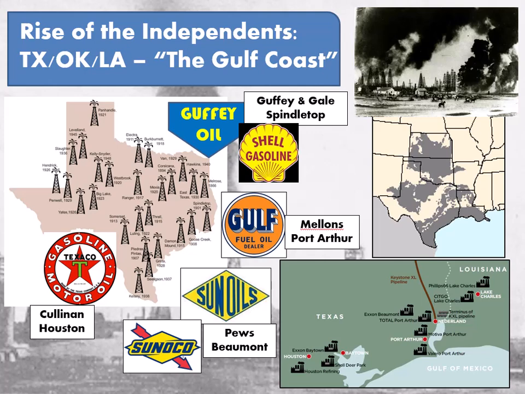Each one of these players, and kind of the majority of Chapter 4, Jurgen devotes to telling you the story of the origins of each one of these Gulf Coast companies. Each one of these companies is going to play a unique role in creating kind of a second independent and parallel sector of the American oil industry.